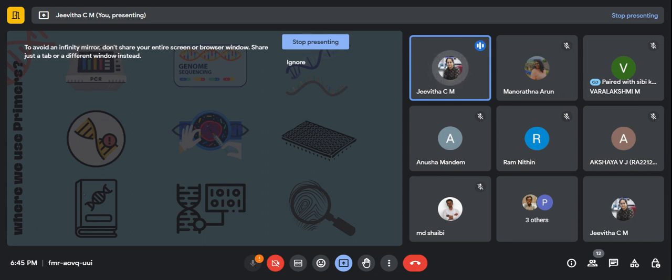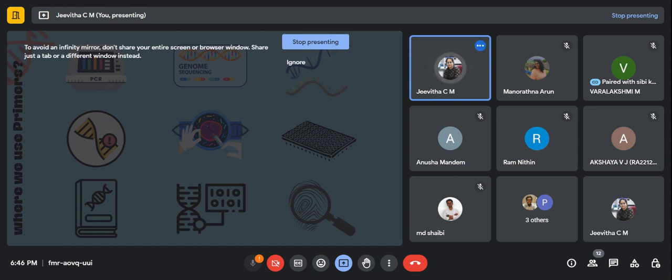So each picture represents different techniques here. The first one is PCR, which is the common molecular biology technique. And the genome sequencing represents Sanger sequencing and NGS sequencing. For all those things, you need primers.